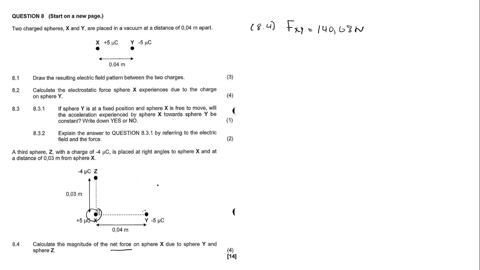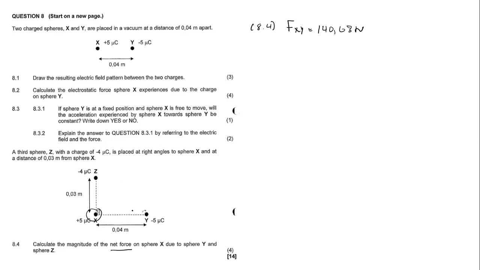And let me tell you this, if these charges were placed on a straight line, the direction is very important, whether it's left or right, because when you determine F net, you're going to have to add or subtract. But because they are placed in a right-angled triangle, our direction will be determined by the use of trigonometric ratios.